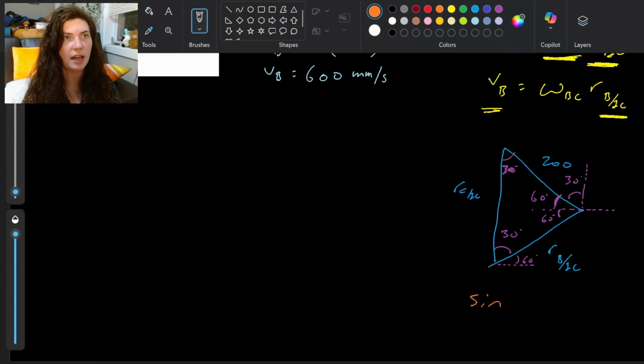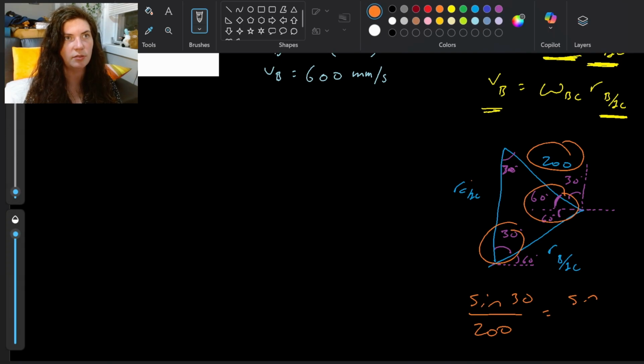If I do sine of 30, I'm taking this angle here, and then matching it with the one across, sine of 30 over 200 equals sine of another angle, so let's take this one, sine of 120, and the one across from it, RC with respect to IC.